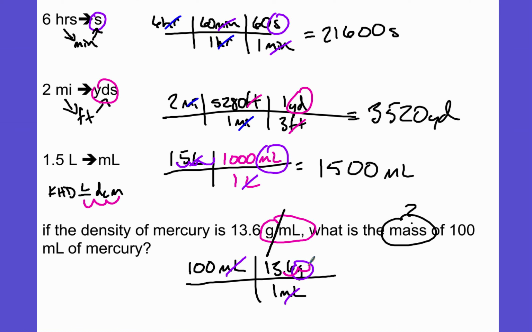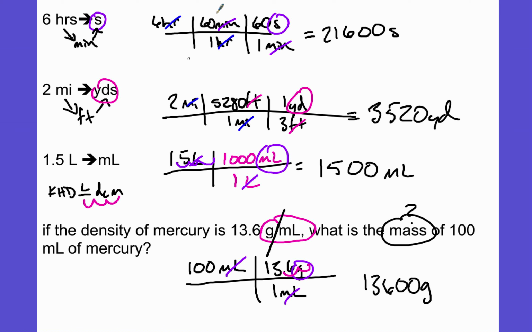I don't need a calculator. Move the decimal this way twice. So my final answer for this one would be 13,600 grams. If I have 100 milliliters of mercury, that's the mass of said mercury.